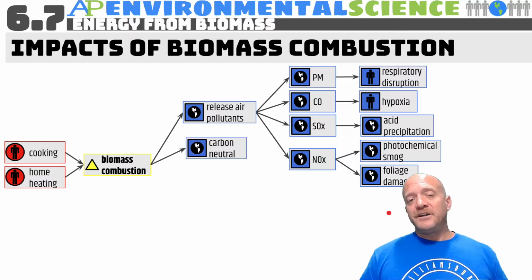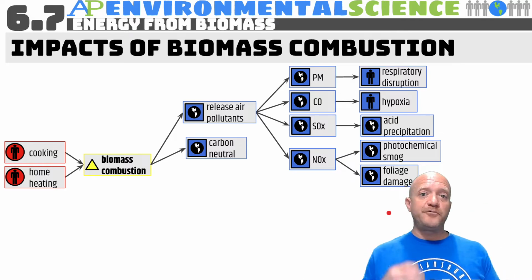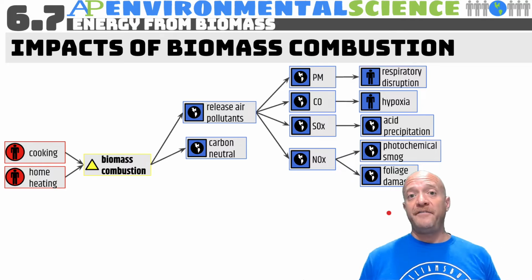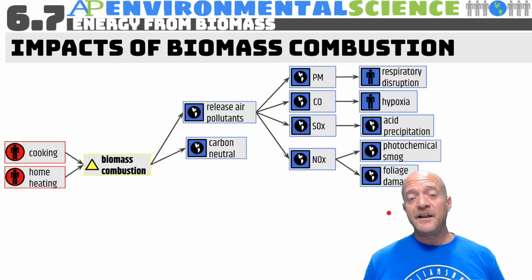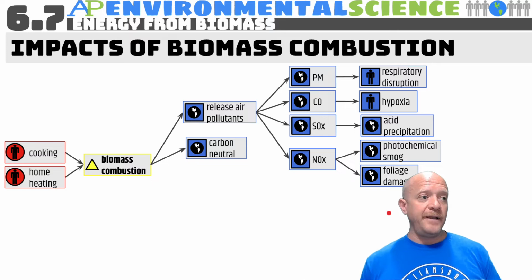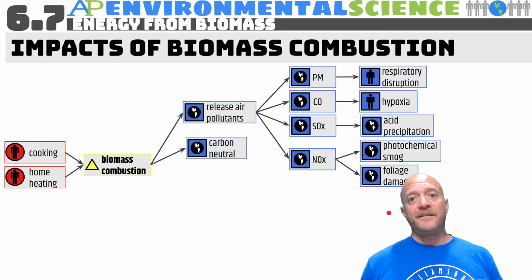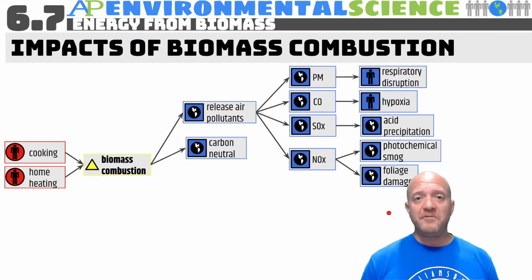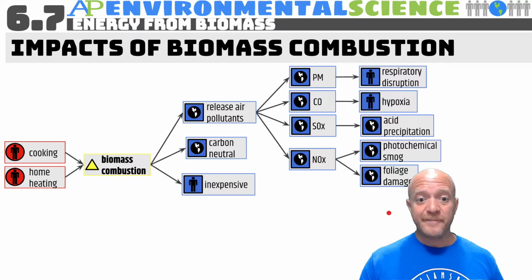So biomass combustion is carbon neutral because it is modern carbon. It was recently a part of the biosphere, and it wasn't locked away for millions of years. So the carbon that I'm burning was probably in the atmosphere within the last number of years, within probably my lifetime.